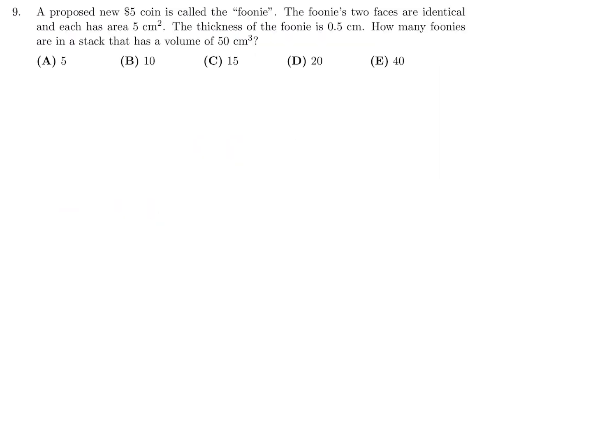A proposed new $5 coin is called the Foonie. The Foonie's two faces are identical and each has an area of 5 centimeters squared. The thickness of the Foonie is 0.5. How many Foonies are in a stack that has a volume of 50 centimeters cubed? Well, first we need to figure out the volume of one Foonie, and that's going to be the area times the thickness.